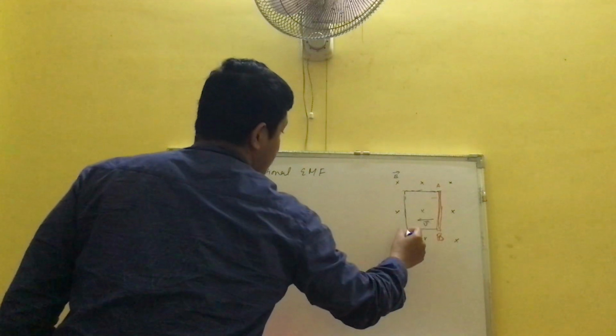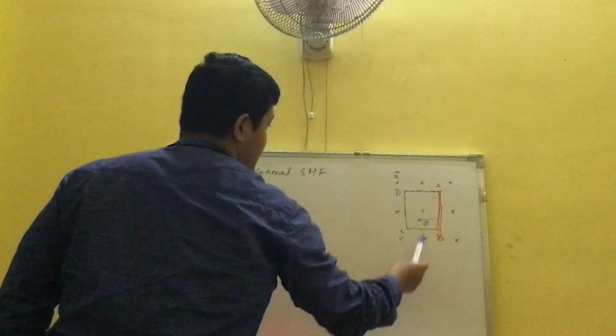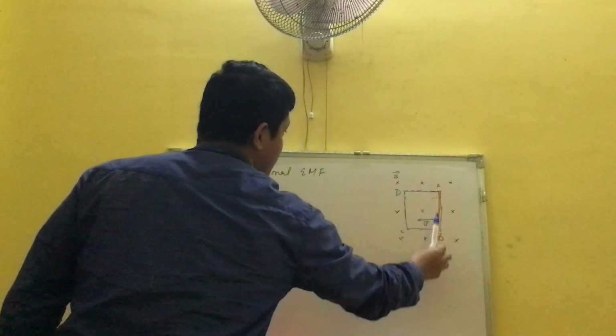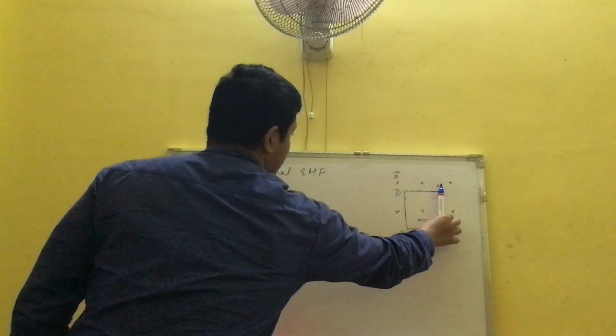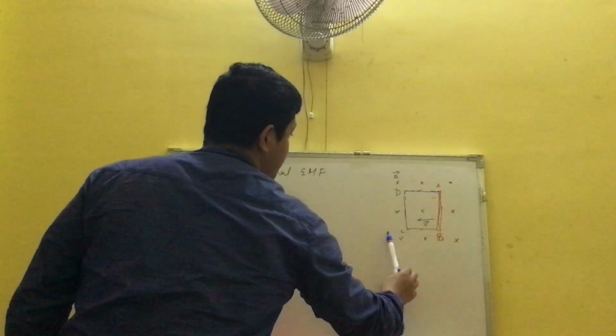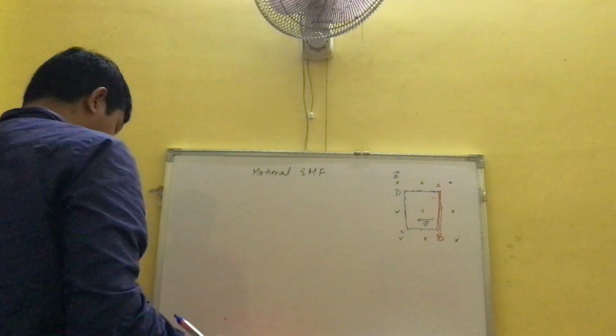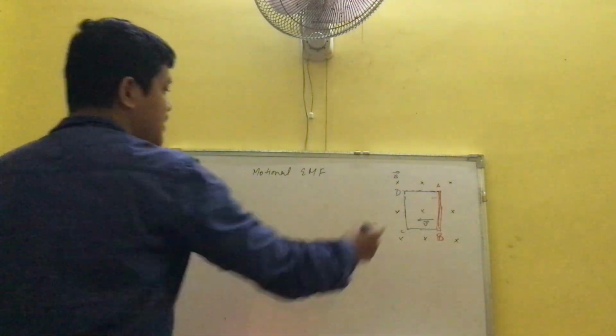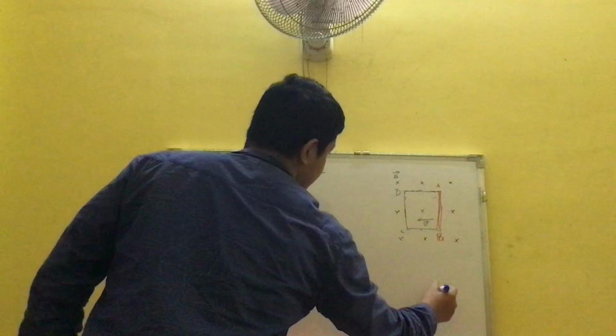So A, B, suppose C, D. So we have assumed that this is such a coil. This rod AB, this arm, can be slid over AD and BC this way. Okay. So hope you have understood. And initially its area is suppose A.